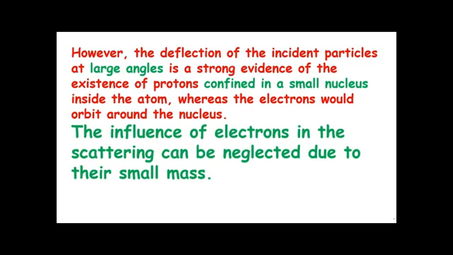According to the alpha ray scattering experiment, Rutherford concluded that the entire positive charge is confined in a small nucleus inside the atom, and electrons orbit around the nucleus. In this experiment, the influence of electrons can be neglected because of the negligible mass of electrons.